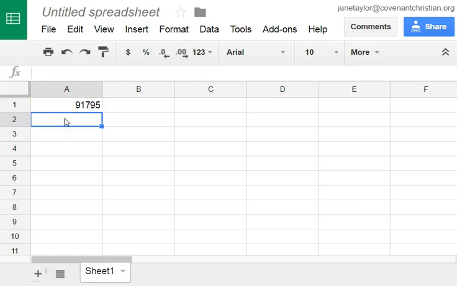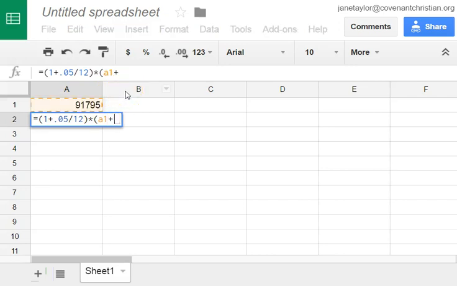So if I type in equal here when I'm in cell A2, then I can say that month 2 is going to be 1 plus the 0.05 divided by 12, then times, and you use a little asterisk, usually above the 8 on your keyboard, the asterisk for the times, and then A1, cell A1, and notice cell A1 is referring me back to the previous number that I had, plus 400.